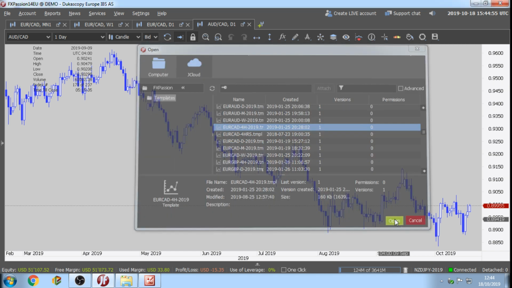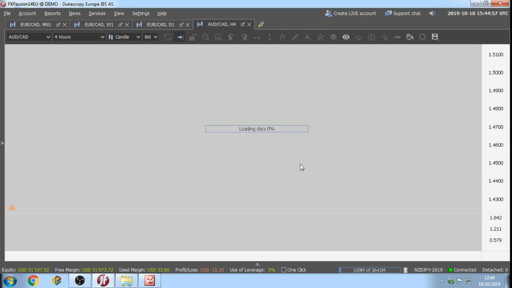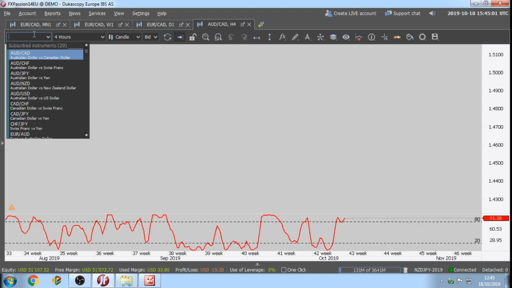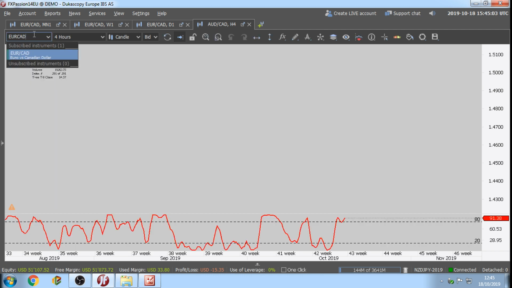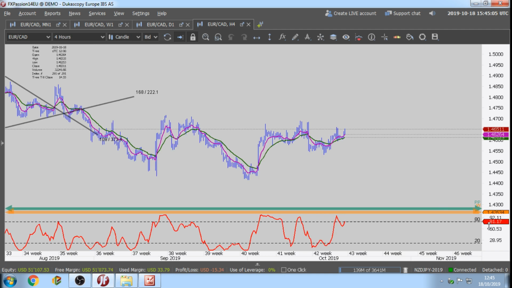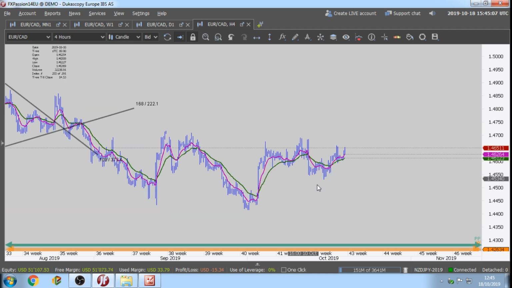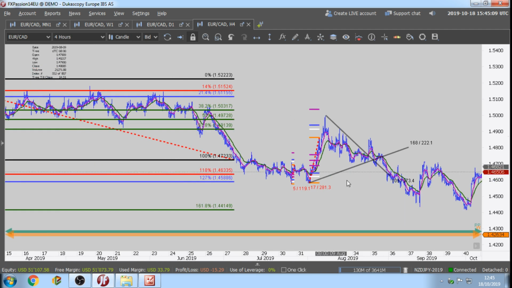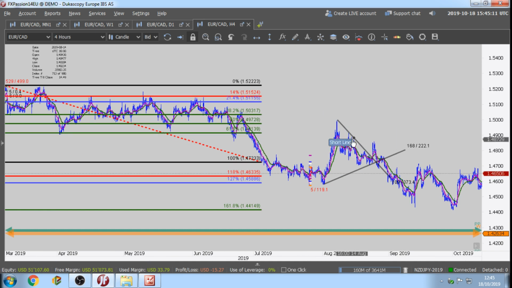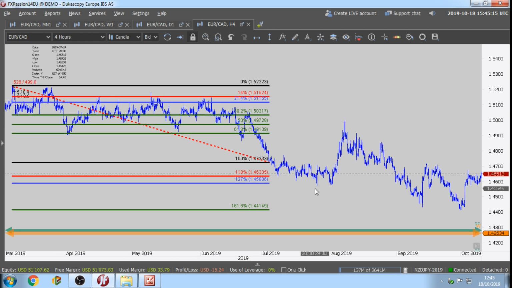Okay, let's open a 4-hour chart. And EuroCAD 4-hour chart. There you go. We're going to delete the indicators. Okay, great. Contrarian, up, delete the indicators, delete.